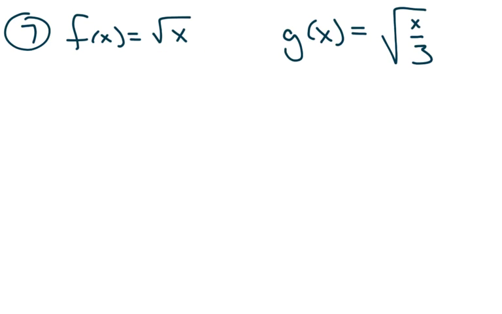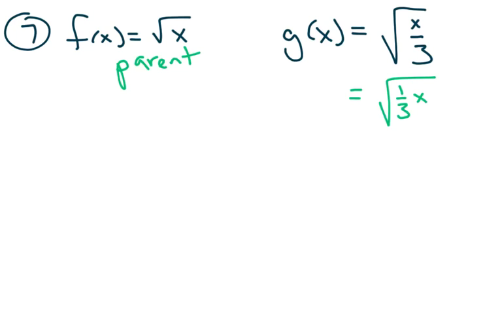In number 7, the parent function is y equals the square root of x. In the new function, I'm going to actually rewrite it a little, because x over 3 is the same thing as 1/3 x. So I'm multiplying the input by a number inside the radical, not outside the radical.